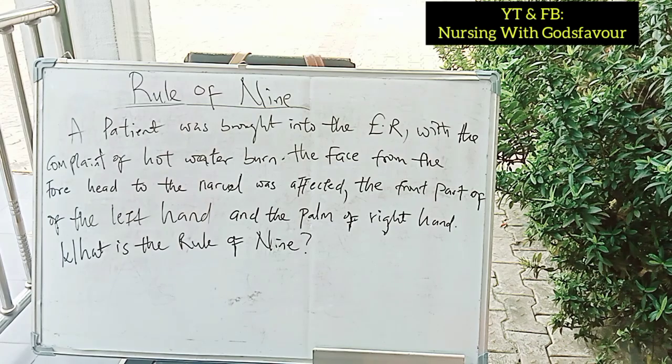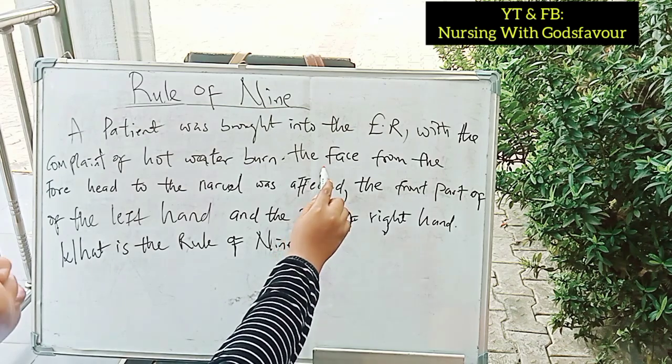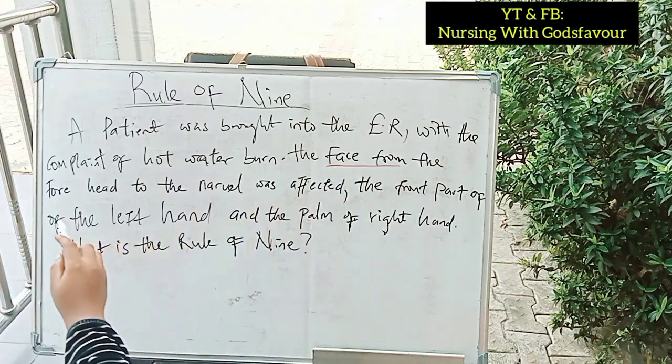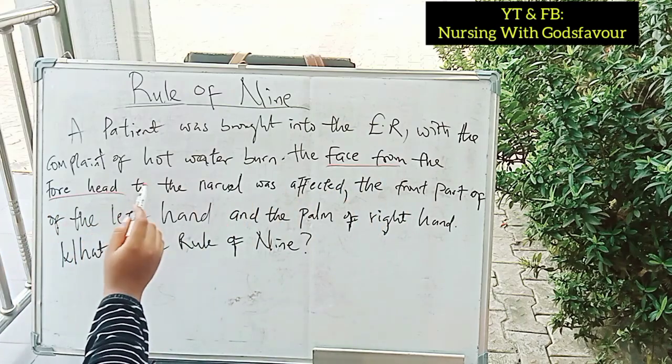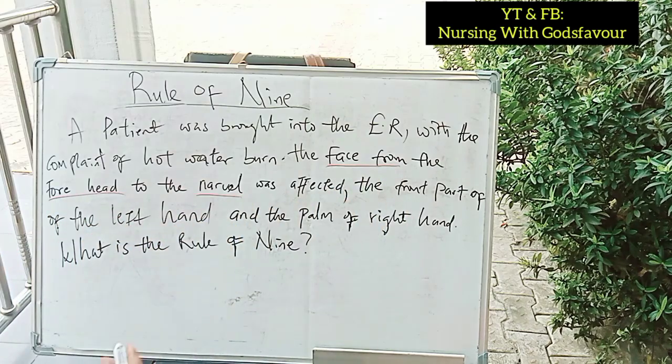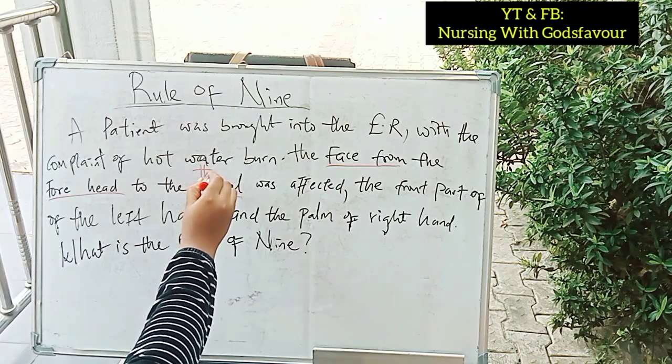The face from the forehead to the navel was affected. The front part of the left hand and the palm of the right hand were also affected. Let's highlight what we are looking at. The burn affected the face, from the forehead to the navel. When we say navel, this can be called the trunk.